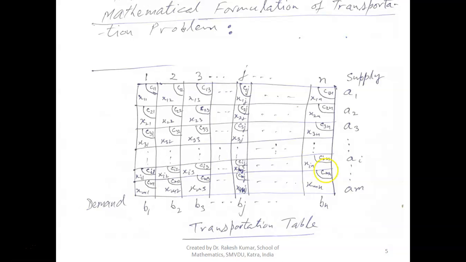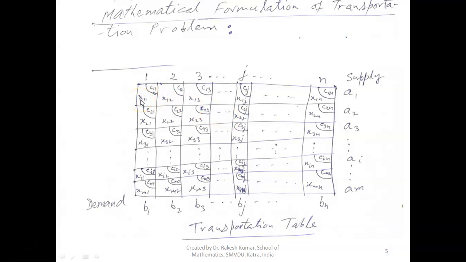For example, if I talk about Cij, it is the per unit cost of transportation from ith supply center to jth demand center. Now, what are these values? X11, X12, X13, and so on, Xij and Xmn.